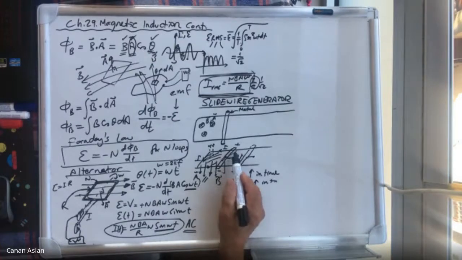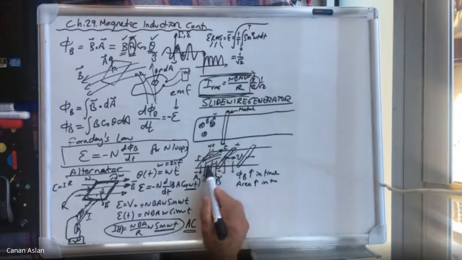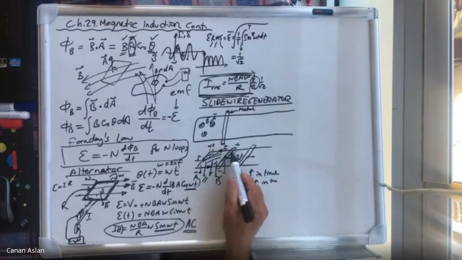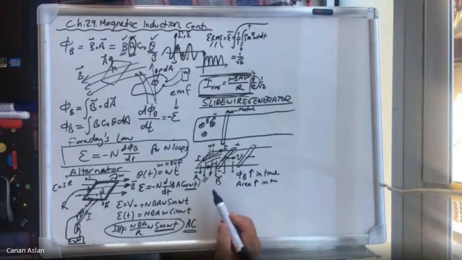Remember that the power supply always has current leaving from the positive terminal and incoming to the negative terminal. So there will be some kind of potential difference between this point and that point. Okay, so the current is flowing and also a potential difference is created.